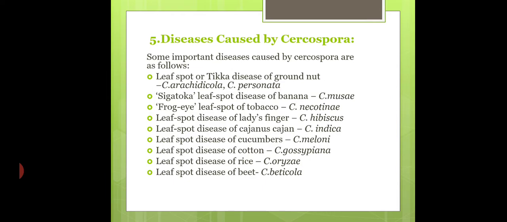Sigatoka disease, leaf spot of banana, Musa paradisiaca is the botanical name of banana, so the species is Cercospora musae. Then frog eye leaf spot of tobacco, Nicotiana tabacum is the botanical name, so it is Cercospora nicotianae.